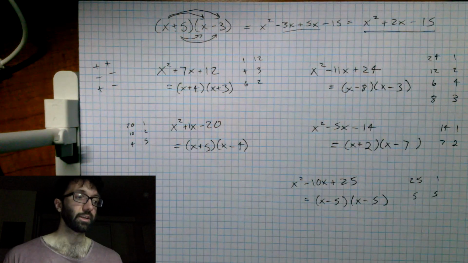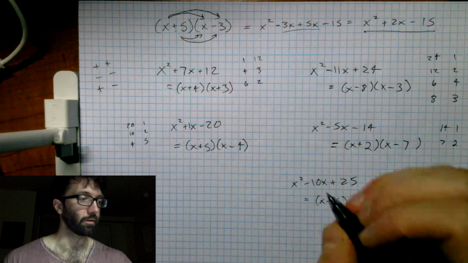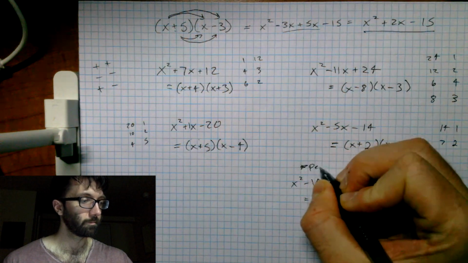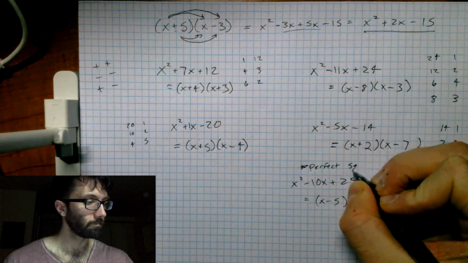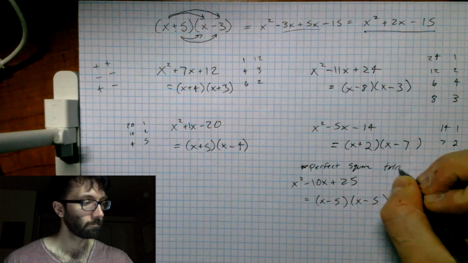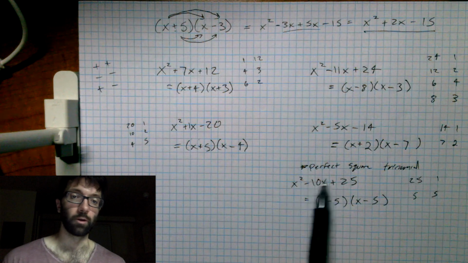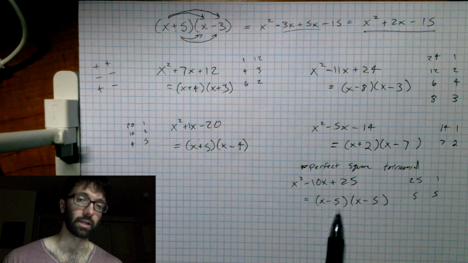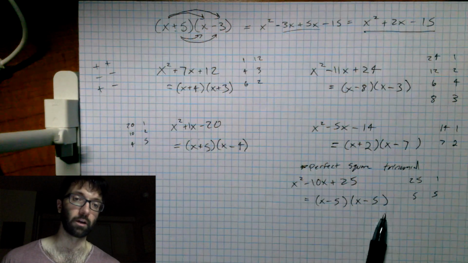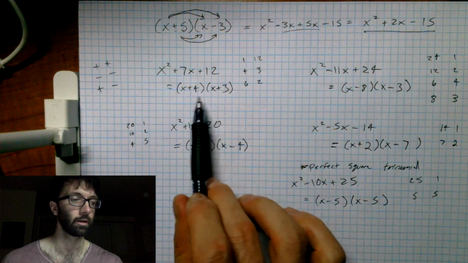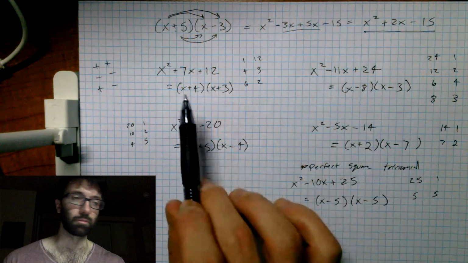And this is what we call a perfect square trinomial. Because this trinomial can be expressed as a binomial times itself. So notice how in none of these examples, the binomials match.